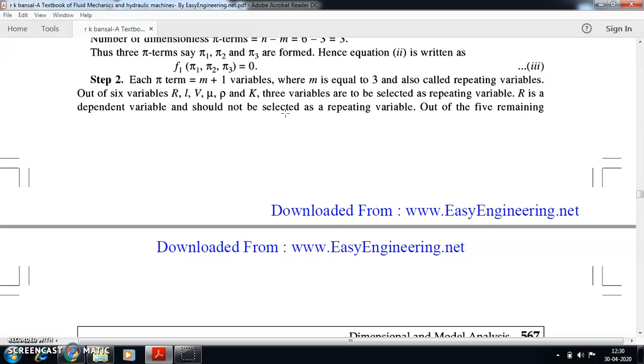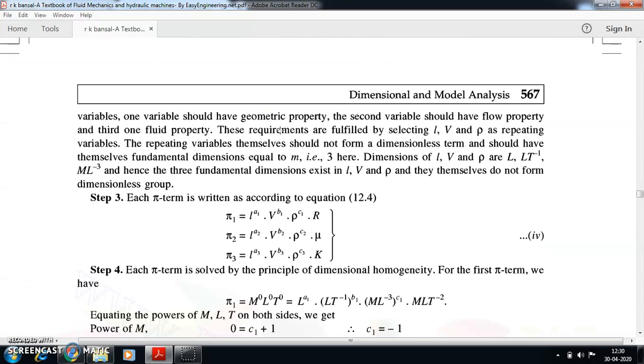Out of the 6 variables, R, L, v, mu, rho, and K, R is a dependent variable, and the remaining 5, L, v, mu, rho, and K, are independent variables.